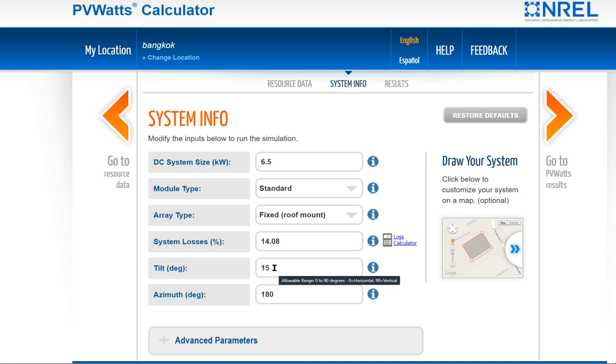So I'm doing that because it's actually quite a common situation where a customer has a house where the roof has a very steep slope, and we have to compare the production if we put the panels on the roof of the existing house, compare that to if we make a frame that's perfect, meaning this.